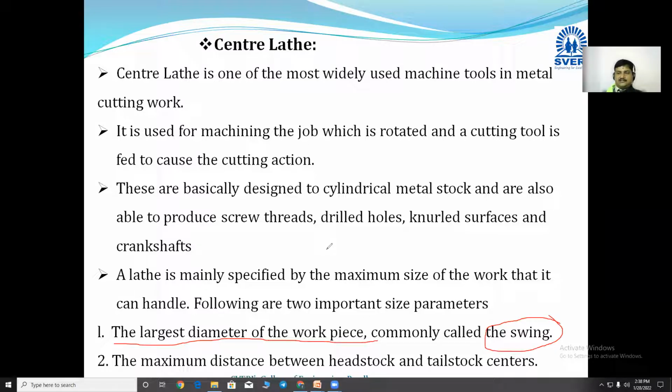आपल्याला जर लेथ मशीन घेत असताना कोणत्या दोन गोष्टींकडे कॉन्सन्ट्रेट करण्याची गरज आहे? पहिलं आहे ते स्विंग कडे. स्विंग म्हणजे किती मोठ्या डायमीटरचा पार्ट त्याच्यामध्ये बसू शकतो, आणि नंतर हेडस्टॉक आणि टेलस्टॉक मधलं डिस्टन्स मॅक्झिमम किती असू शकतं. या दोन गोष्टीवर आधारित आपल्याला लेथ मशीनचे टाइप दिसतात.